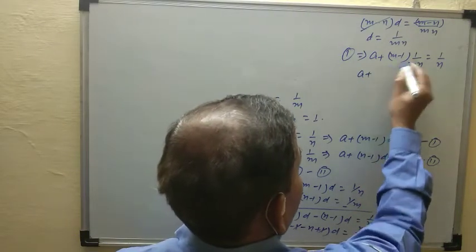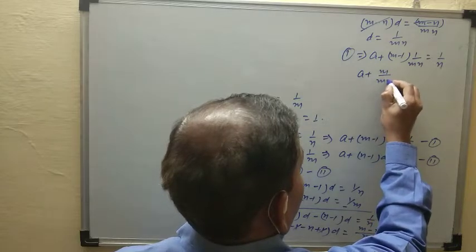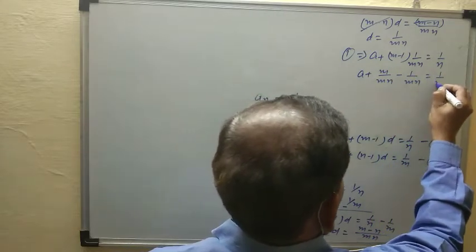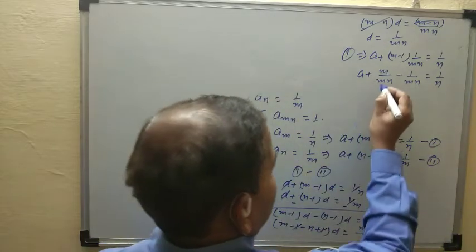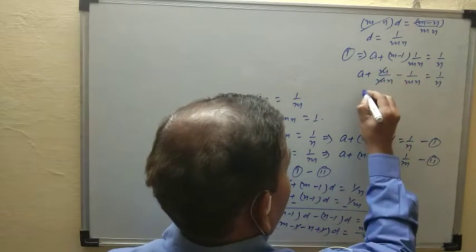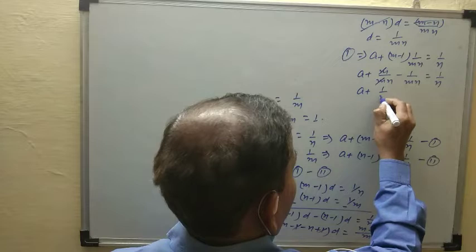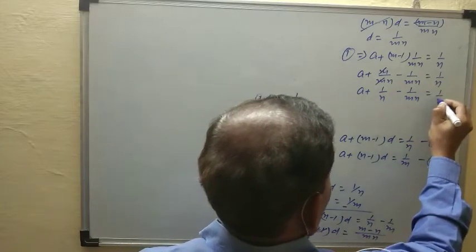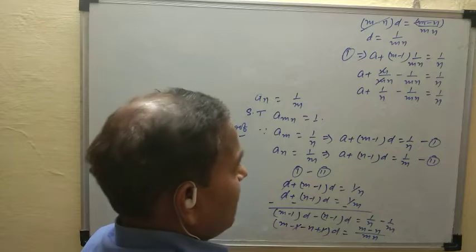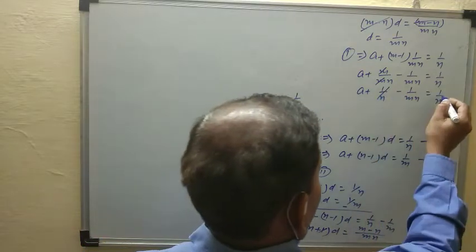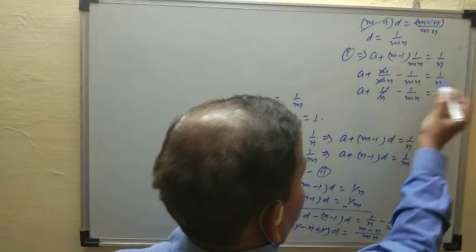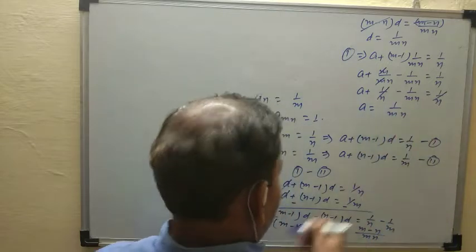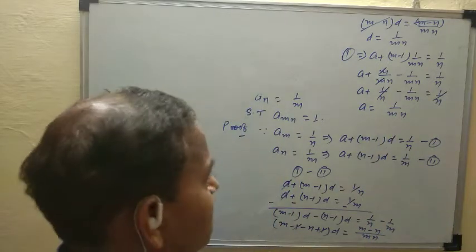So a plus m by mn minus 1 by mn is equal to 1 by n. Now this m cancels. So a plus 1 by n minus 1 by mn is equal to 1 by n. Both sides 1 by n cancel, and taking this term to the right side, so a is equal to 1 by mn. This is the first term.